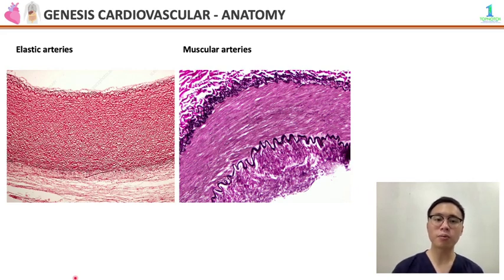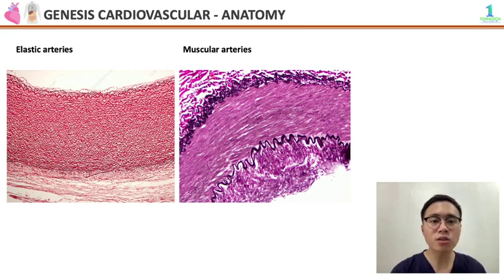So what are the key or major differences that you can see? Right off the bat, you can see in the elastic arteries, the tunica media is very thick. And what are those swirly structures, the spiral shaped structures? Those are actually elastic fibers. No? And as the name implies, they are elastic arteries, so naturally, there is a very high elastic fiber content.